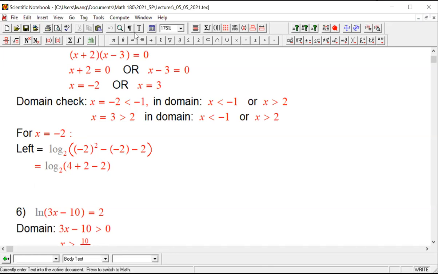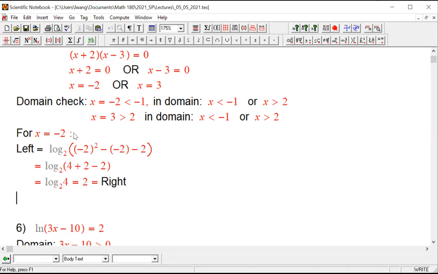So over here, you have log base 2 of 4, which equals 2. And that equals the right-hand side. So you can say x equals -2 is a solution.